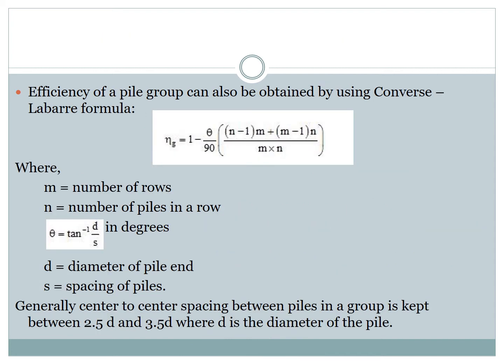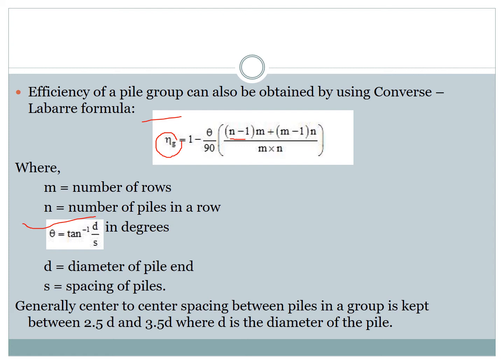So efficiency of pile group can also be obtained by using the Converse-Labarre formula. The formula is this: eta g = 1 - theta [(n - 1)m + (m - 1)n] / (90 m n), where eta g is the group efficiency of pile, n is the number of piles in a row, m is the number of rows, theta is determined by this equation, d is the diameter of pile in case of circular pile, s is the spacing of pile.